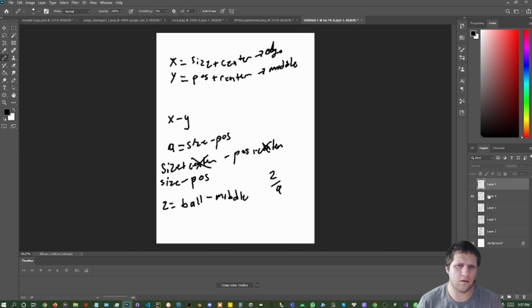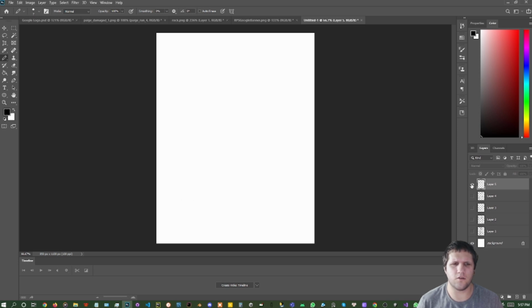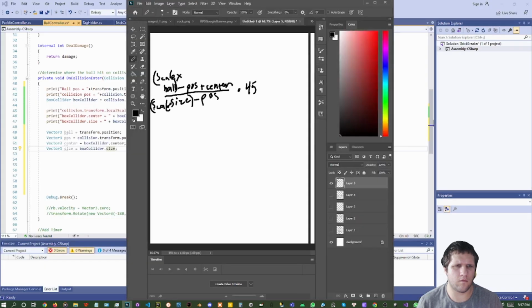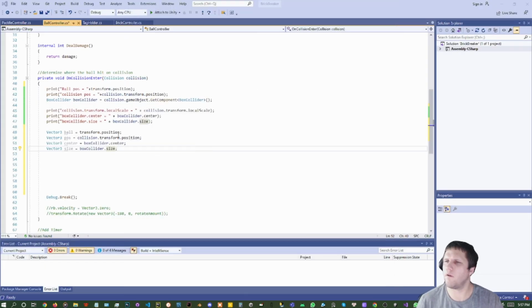So then we need to do size times scale. So scale times size minus position. Then we should also get the ball times scale. Okay.